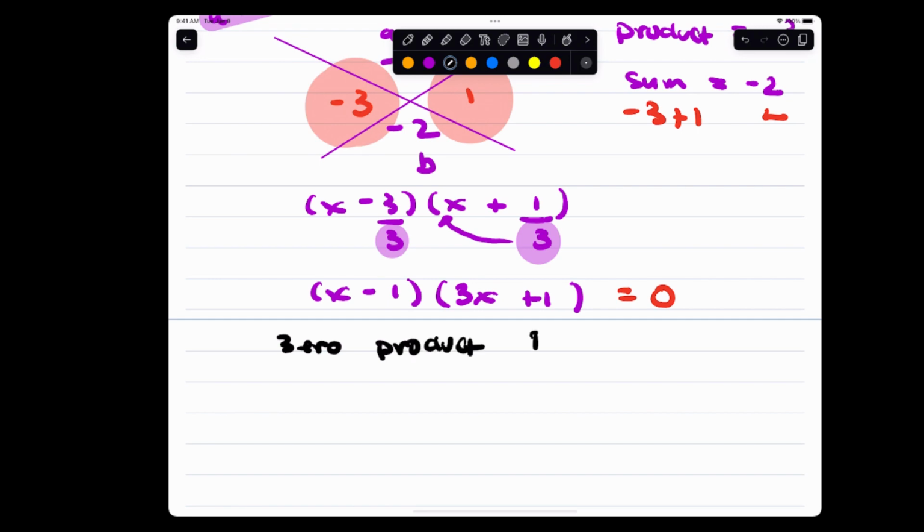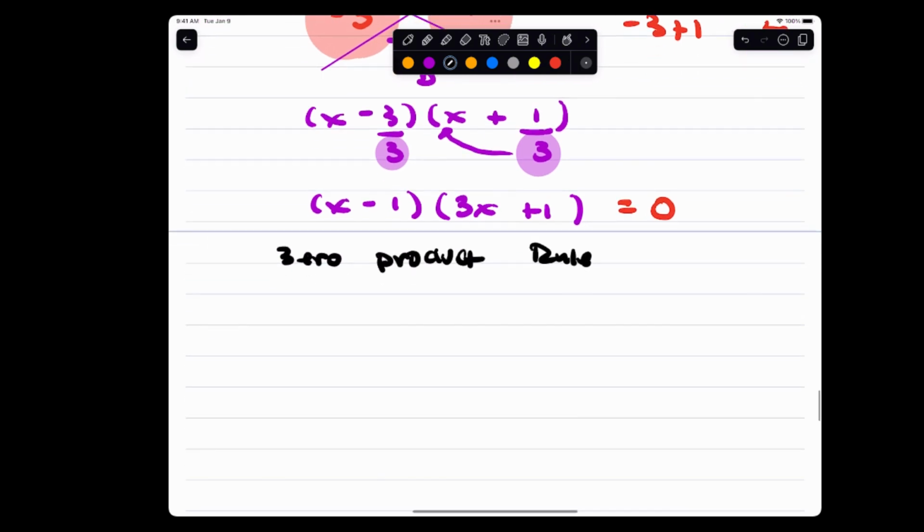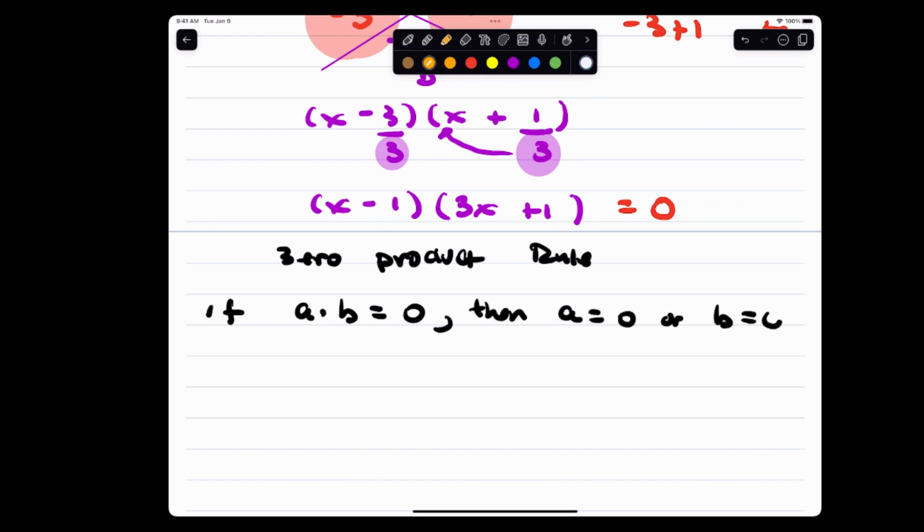Product rule. So you say, what's that zero product rule? If A times B equals 0, then what does that mean? Then A is 0 or what? B is 0. Okay?